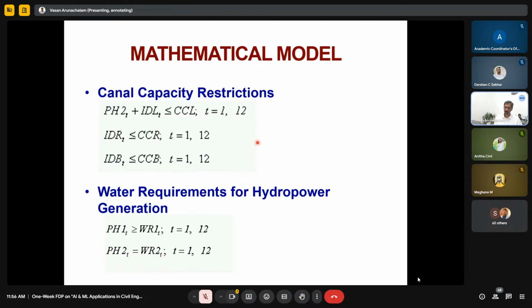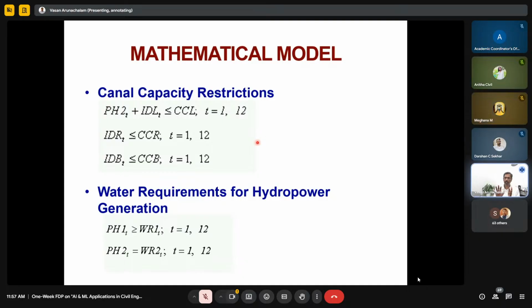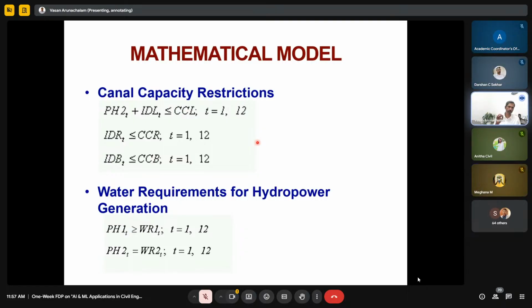And then for the canals also, as I showed you in the picture, there is a limitation. Only so much water can be distributed in a given day, and so much can be distributed ultimately in a given month. So my release cannot be beyond this particular capacity. So that is also going to be capped, and it should be less than or equal to that particular value, which is to be kept in mind while I decide how much water is going to be released.